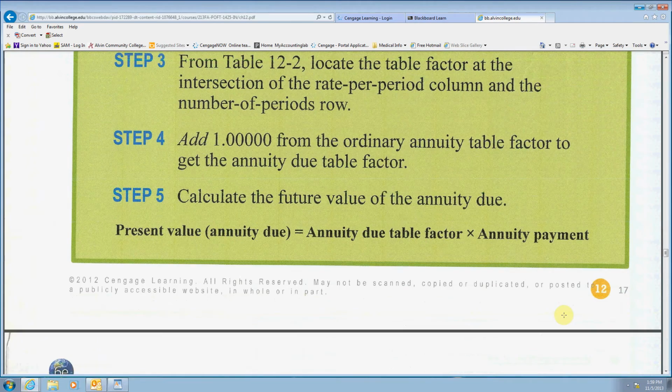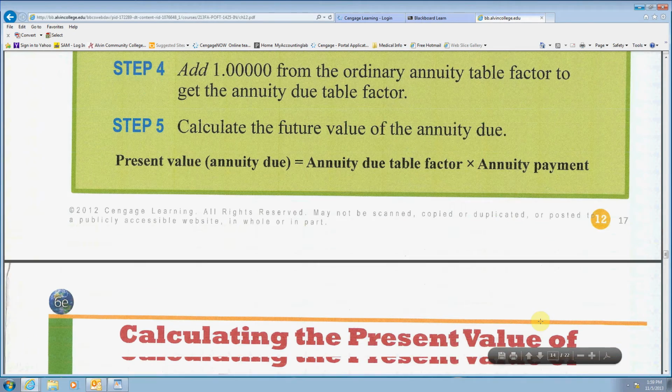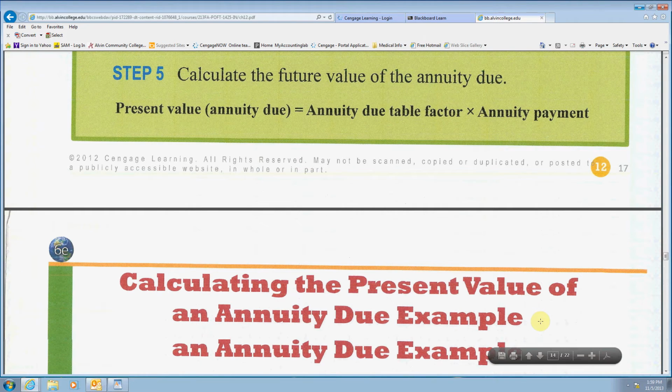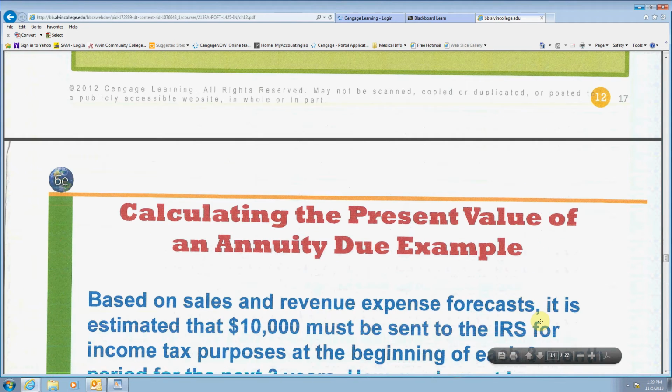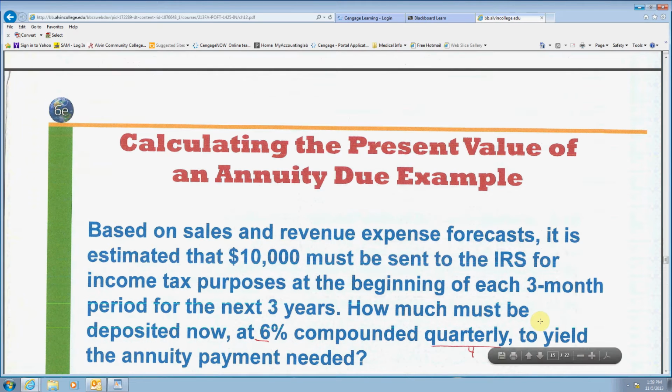So let's work a problem together. Based on sales and revenues expense forecasts, it is estimated that $10,000 must be sent to the IRS for income tax purposes at the beginning of each 3-month period for the next 3 years.